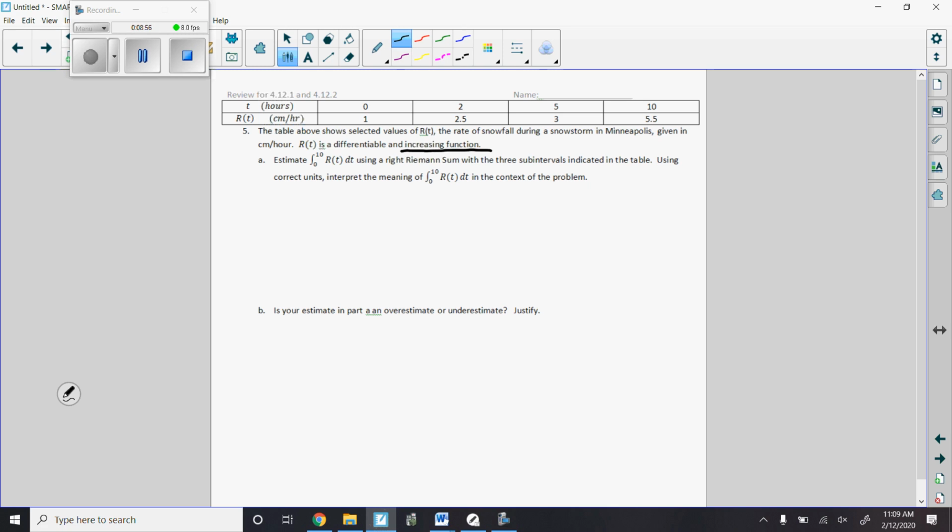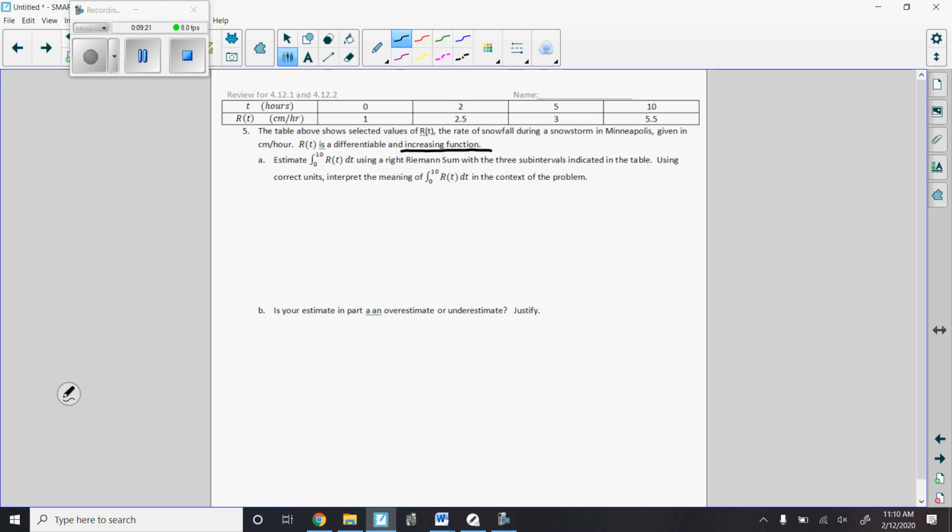Part A here is a two-part question, and you need to answer both parts. The AP exam does this a lot, and sometimes students just answer the first part of A and move on to B before fully answering the question. So here's what it says. Estimate the integral from 0 to 10 of R of t dt using a right Riemann sum.